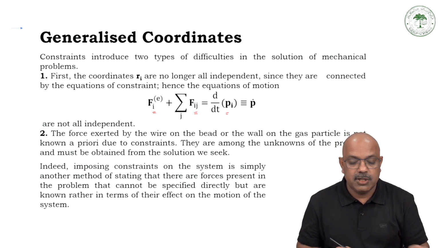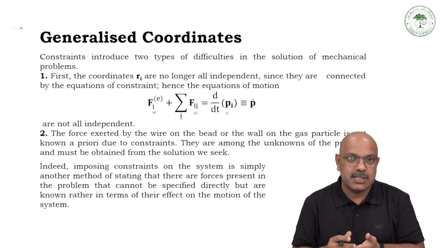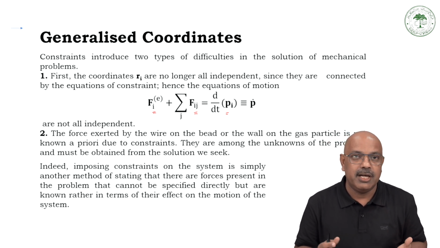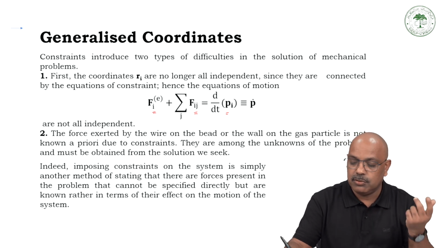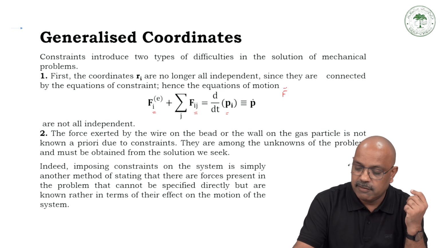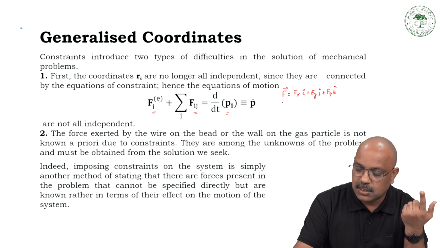But if the system is not constrained, all the components of the forces and the displacements are independent of each other, because when you constrain the system, the coordinates are not independent. Earlier, when you don't constrain the system, the force has components Fx, Fy and Fz, and the displacement r has components xi, yj and zk.